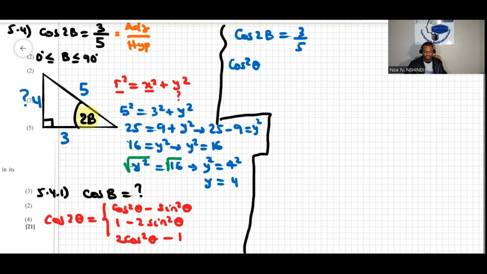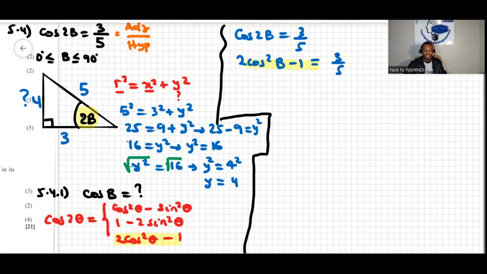Not the first one, because I'll have a challenge. Let me take the last one, because I want cos of B. So this can be written as 2 cos squared B minus 1 equals 3/5, since this is just cos of 2B.